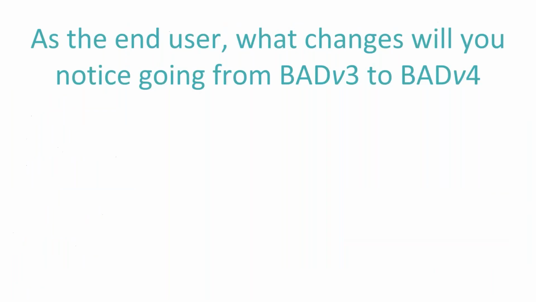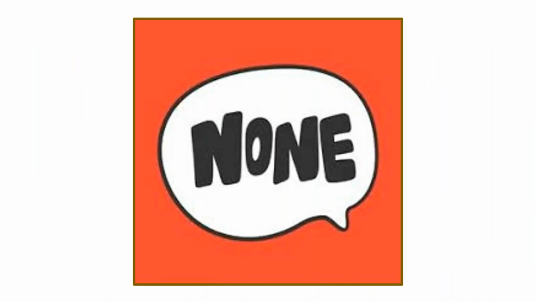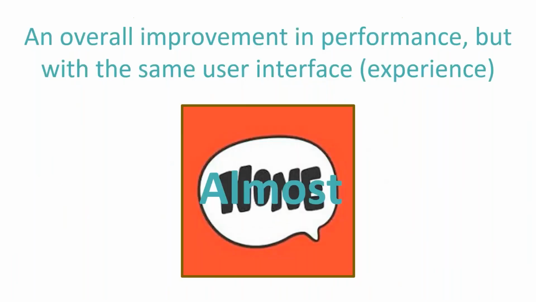So in the end, what changes will you notice going from version 3 to version 4? None. And that's how it should be. The overall performance is improved, but with the same user interface and user experience. That is why we went with logistic regression analysis, because it keeps the same user interface.